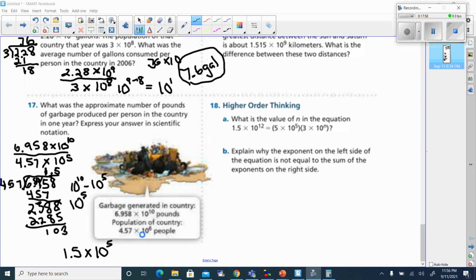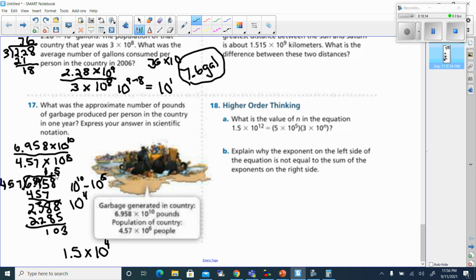Oh, wait 1 second. I'm looking more closely at these numbers, and I see this is a 6, not a 5. So this is a 6 here, which means we have 10 minus 6, and that's not going to be a 5 now. That's going to be a 4. So I would get 1.5 times 10 to the 4th power.